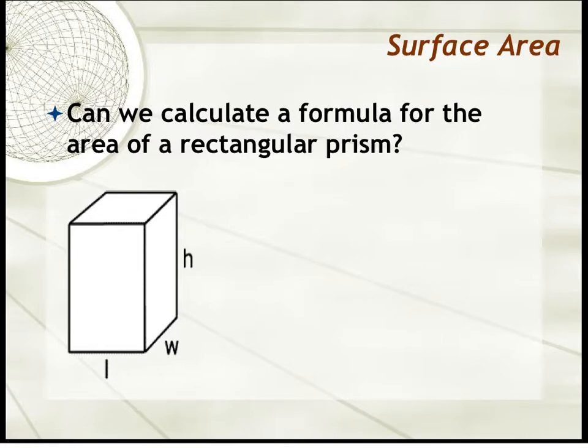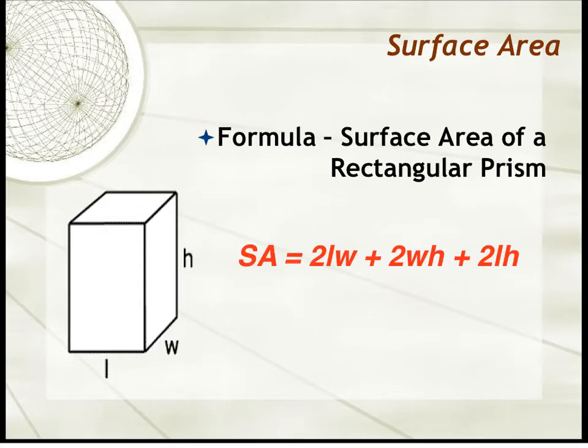Speaking of the formula, we can actually create a formula that makes it a little bit easier, because you can also title each of the sides that you want to work on and then put the formula underneath them. So our formula is very basic. We have surface area, we have length times width, and we have 2 of those.